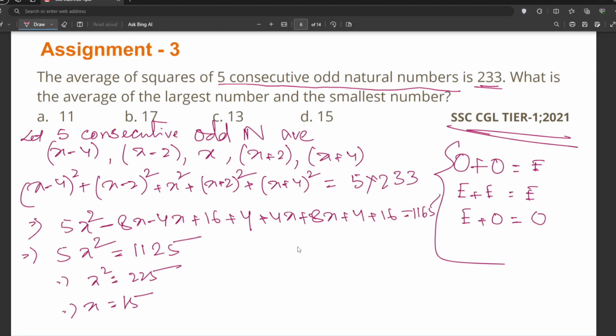So largest odd number is 15 plus 4, 19, and smallest odd number is 15 minus 4, 11. So average of this is 19 plus 11 by 2, that means 15. So correct answer is option D.